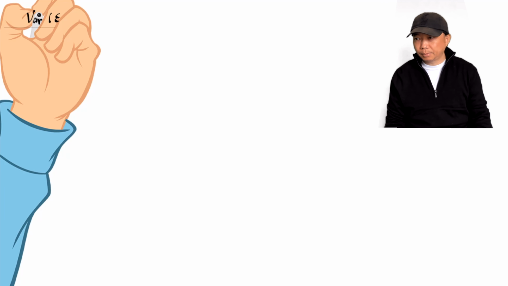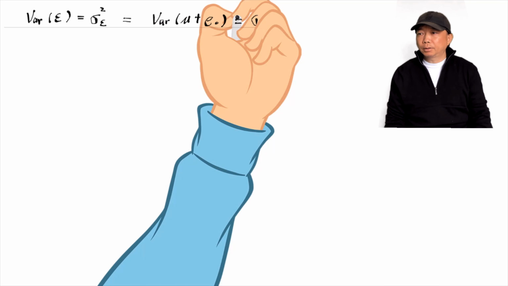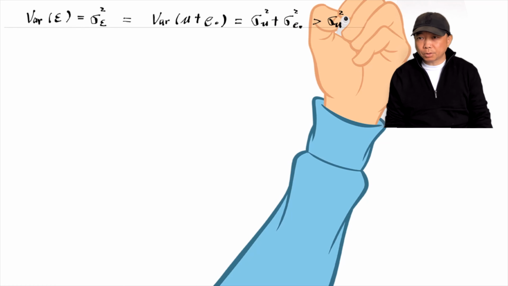The second property of the OLS estimates under measurement errors in the outcome variable is that the variance of the OLS estimator becomes larger. The variance of the error term epsilon equals the sum of the variances of mu and e0 if mu and e0 are uncorrelated, which is larger than the case without measurement error.